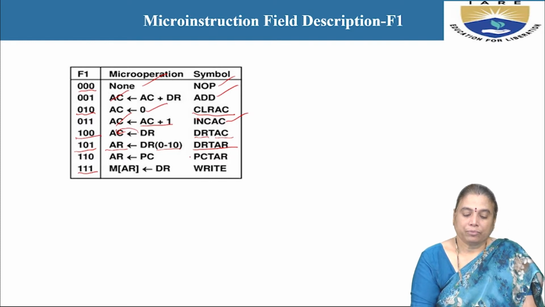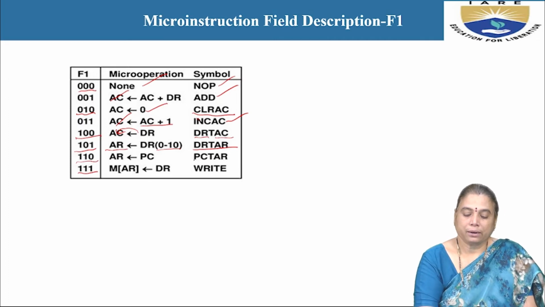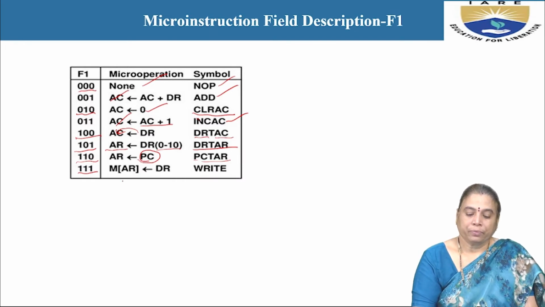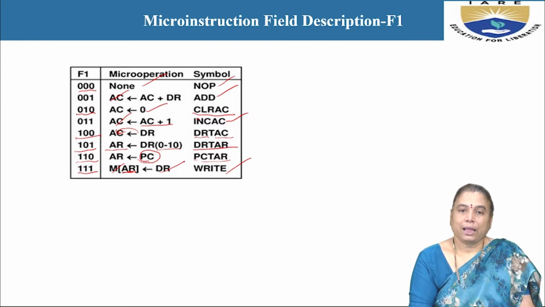If F1 consists of 110, then PC to AR data transfer takes place, so the value in the PC is moved to the AR register. If field 1 consists of 111, then the memory write operation is performed. The content of the data register is transferred to the memory location specified by the AR register. So these are the 8 micro operations that can be specified with field 1.